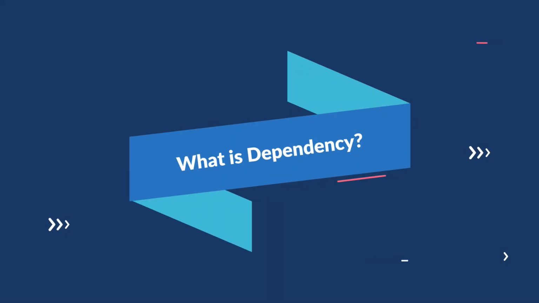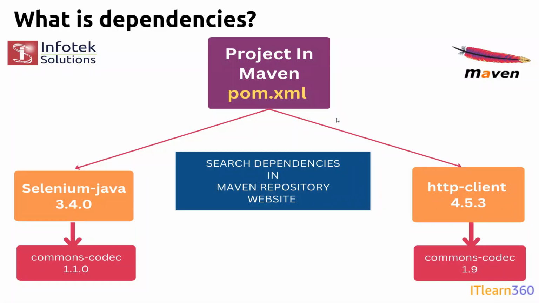Now we'll see what dependencies are. A dependency is a part of Maven. In the pom.xml file, we add the dependencies. These dependencies are available on the Maven repository website. Just visit that website, take the dependencies from there, add them to your file, and you will have all the jar files back in your project.